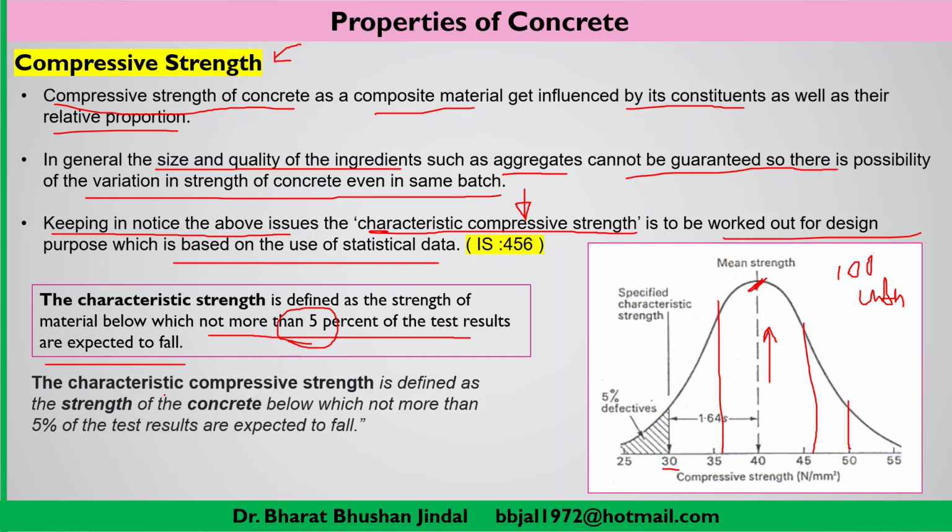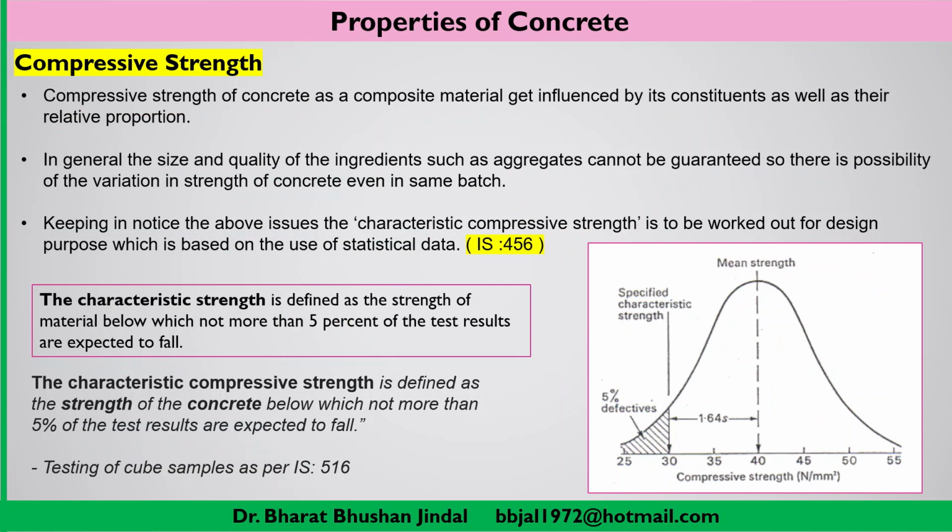So characteristic compressive strength can be defined as the strength of the concrete below which not more than 5% of test results are expected to fall. And here you have to take care that testing of the cube samples should be as per the specifications or guidelines given in IS 516.